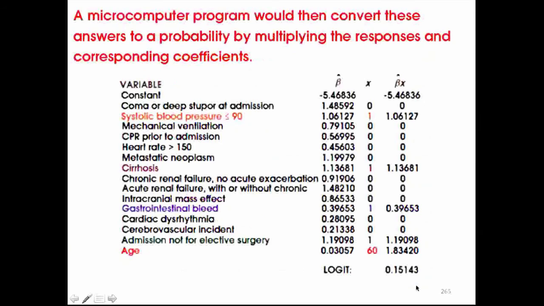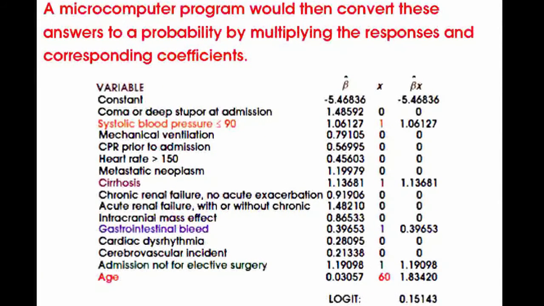Then there's a spreadsheet somewhere. And in this spreadsheet, we have the coefficients buried in column 500, so nobody has to see them. And then you simply plug in the values of x, and the spreadsheet computes x times beta. So here's beta naught plus beta 1 times x1 plus beta 2 times x2. At the end of the day, you have the logit.